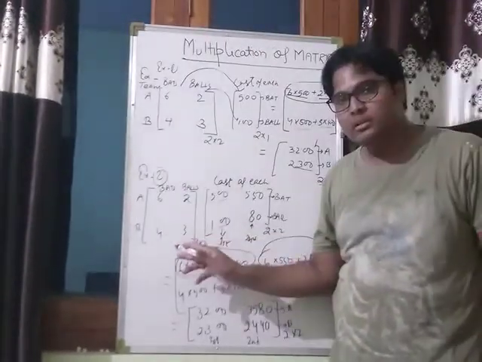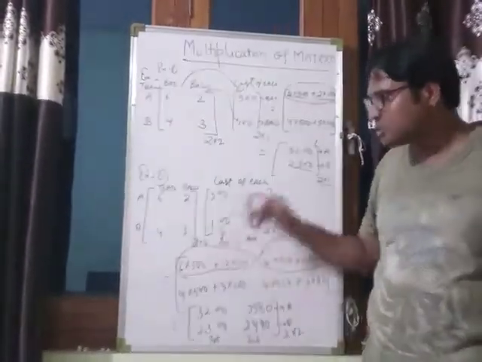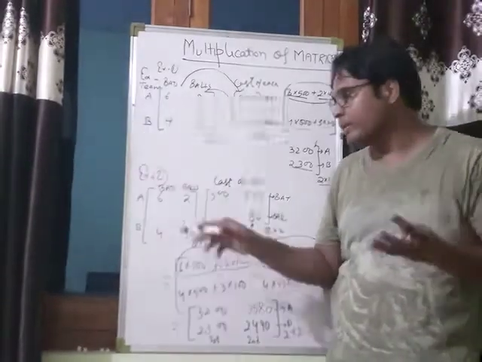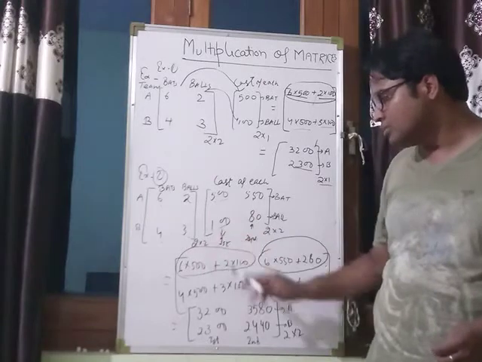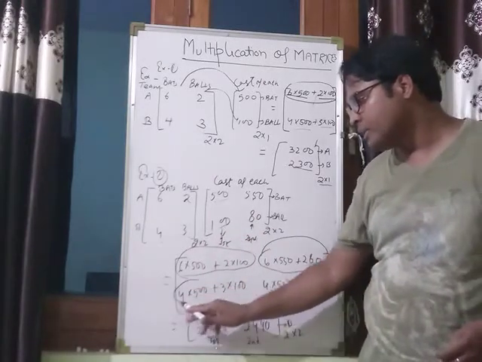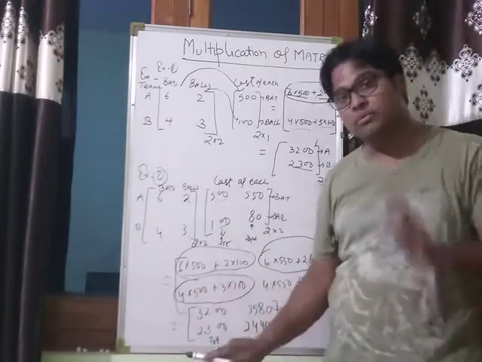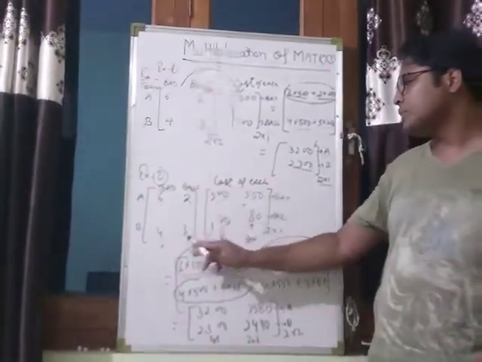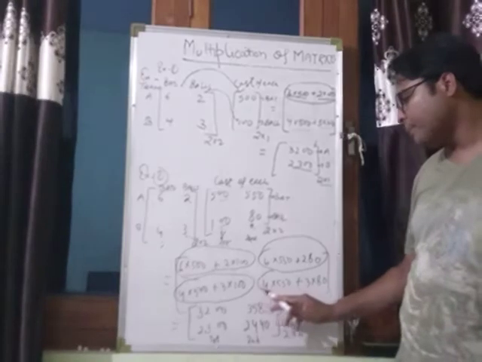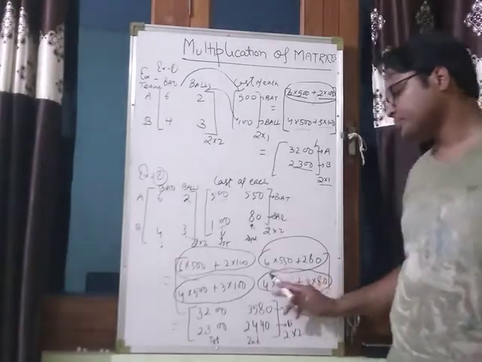And for team B, from the first shop, the money required is 4 into 500 plus 3 into 100, and from the second shop 4 into 550 plus 3 into 80.